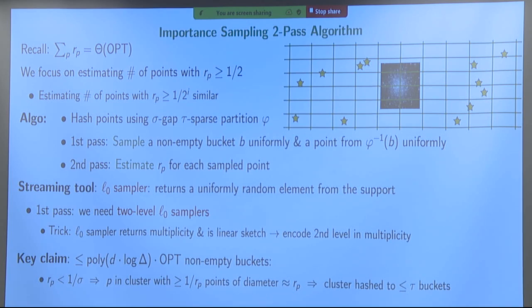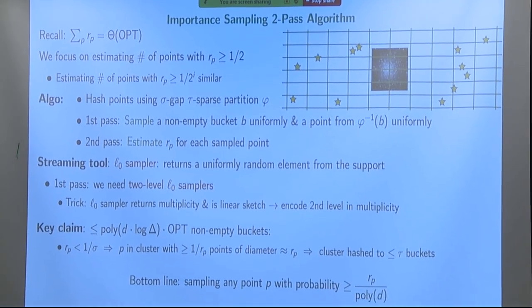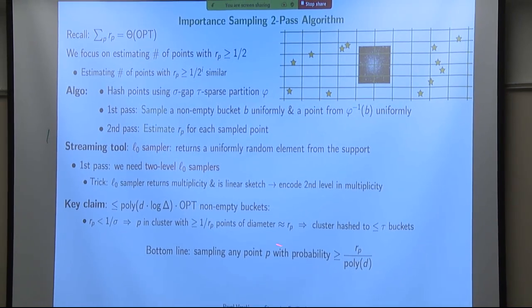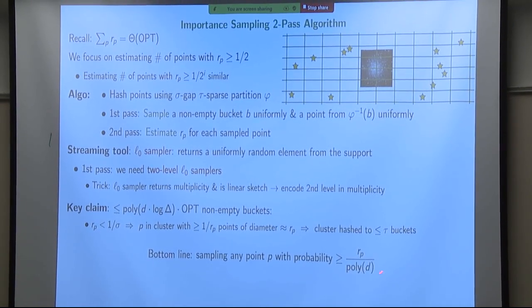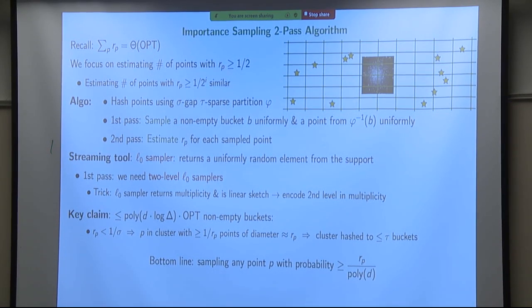Now we can use the property of the sparse partition that it clusters into just a few buckets. All of these many points are actually clustered into just a few buckets. That's it. So the bottom line is that we can make the importance sampling work in one pass. We can sample with probability RP divided by something quite small, which is still sufficient.